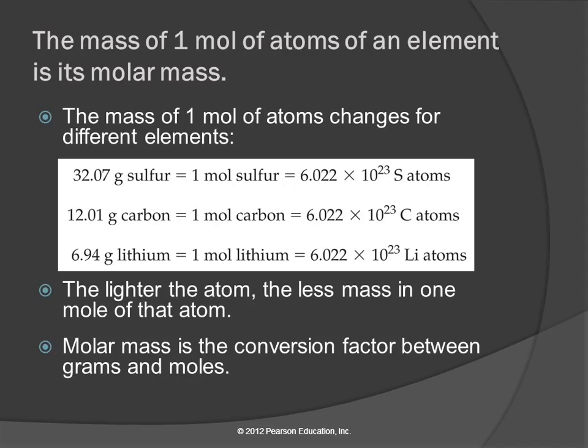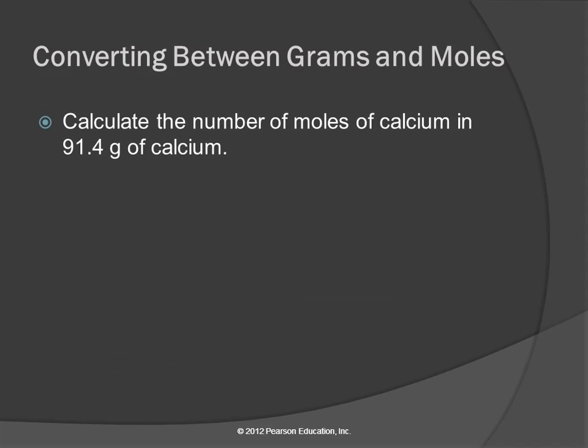And these guys right here are very useful conversion factors for counting by weighing, because gram is something that we can measure on those balances over there. So we can measure out a gram of sulfur, and then we know the number of particles in that. So let's calculate the number of moles of calcium in 91.4 grams of calcium.